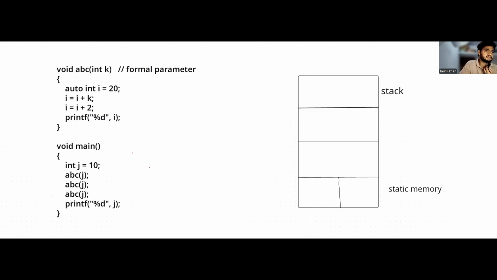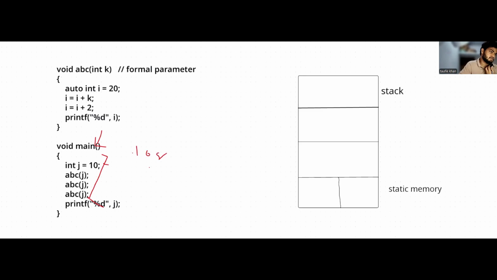So let's start. The execution of the program will start from the main function only. Here we have main function, and all of these are our function code. So here we have one local variable.